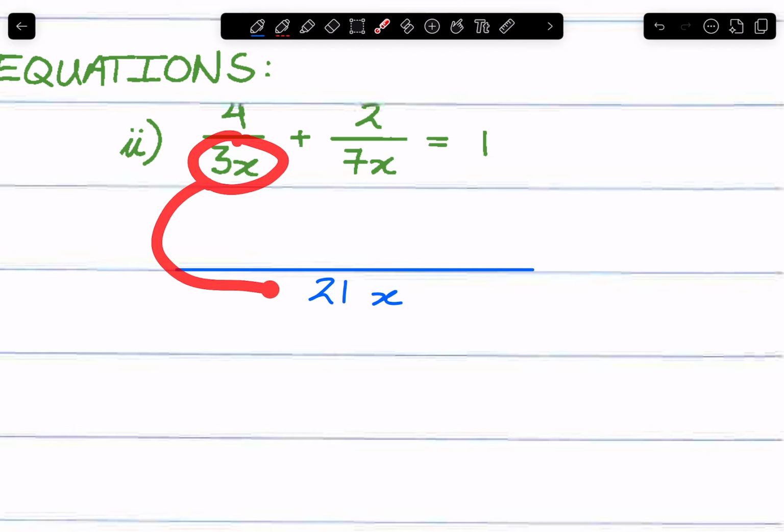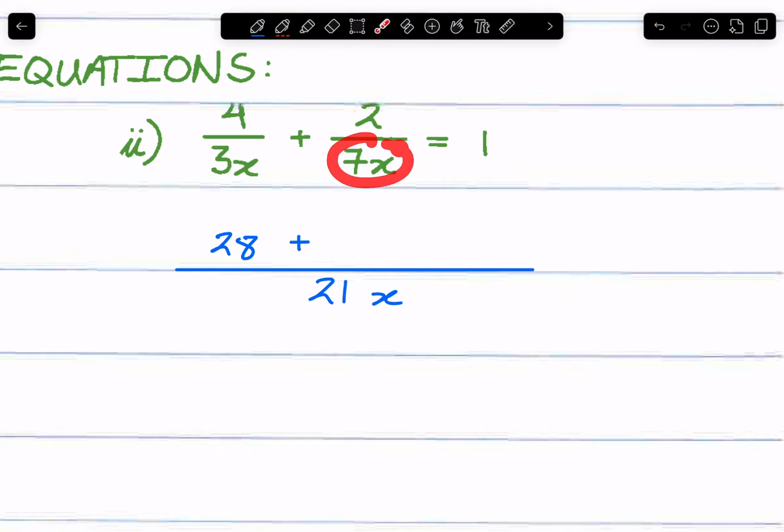And the same process actually happens again. For 3x to become 21x, we need a factor of 7. So multiplying this by 7, we get 21x. So we multiply this by 7 as well. So 4 times 7 is 28. Same idea, 7x to become 21x, we have multiplied by 3.